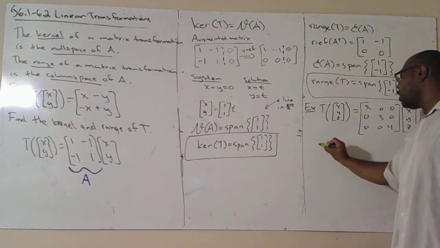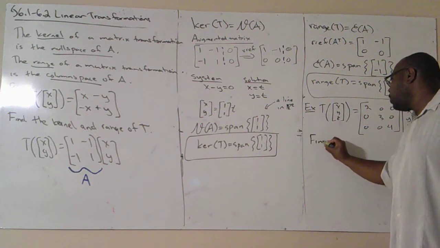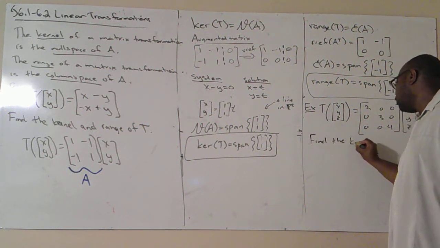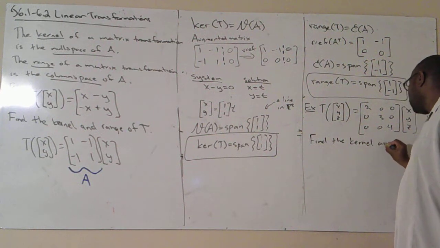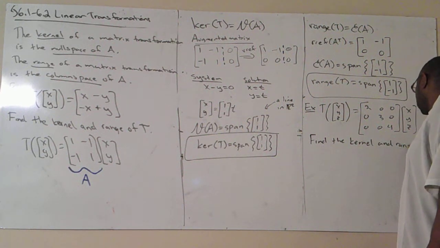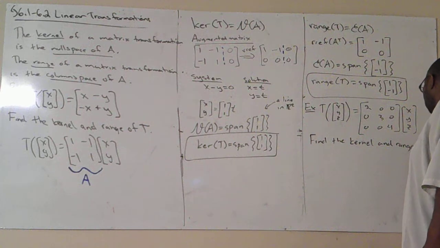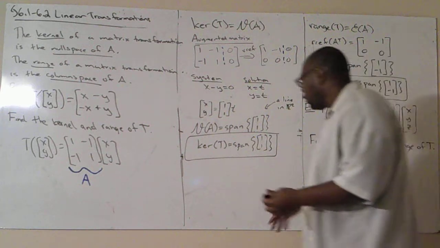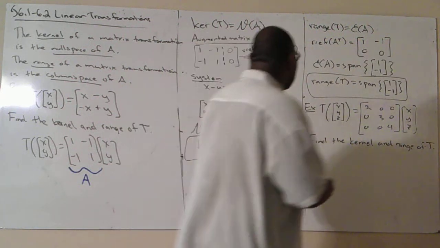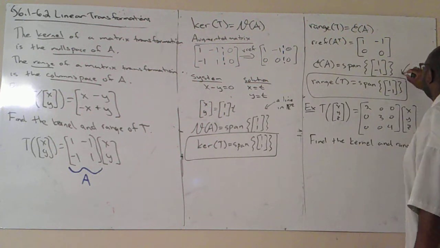I want to find the kernel and range of T. Oh, by the way, the range of T is also going to be a line in R2, for my previous example.